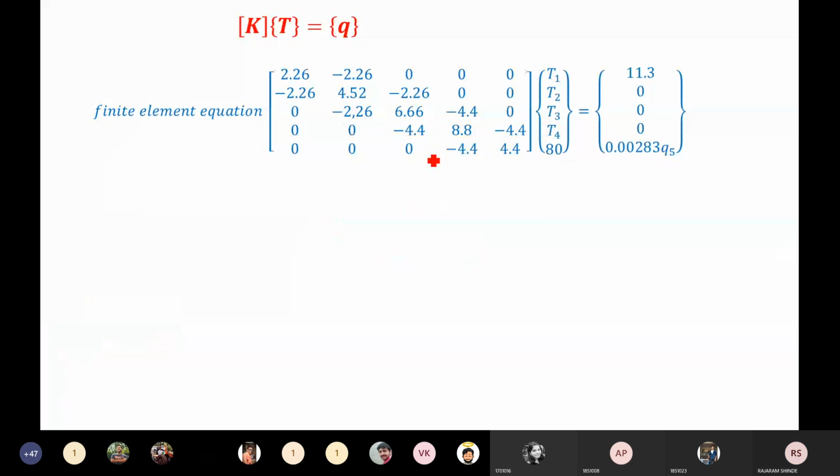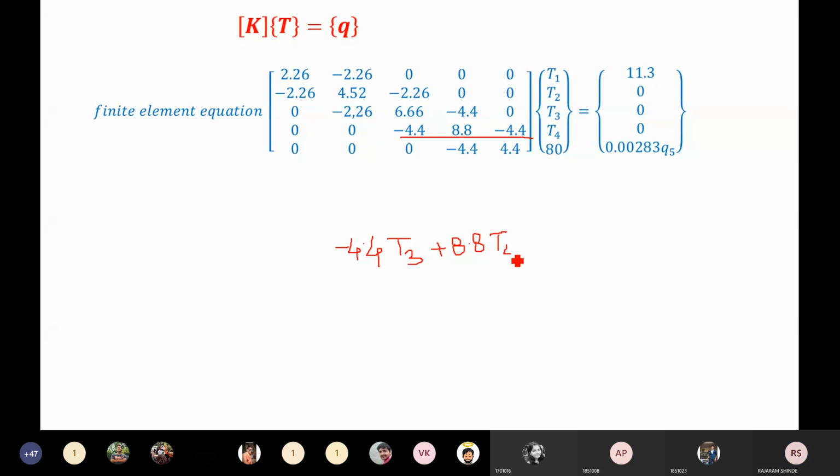Fourth equation, here minus 4.4 into T3. Am I right? Plus 8.8 into T4.